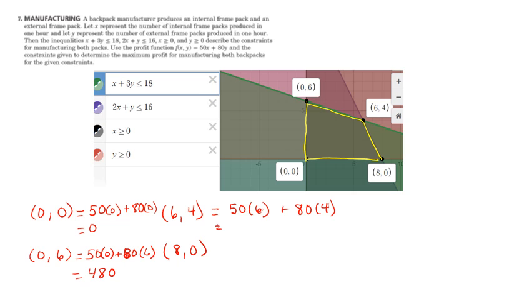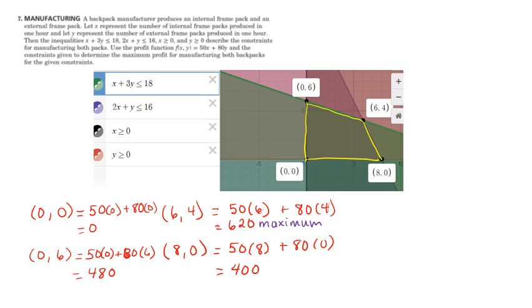So 50 times 6 is 300. Plus 80 times 4 would be 320. When I add those together, I would make $620 per hour. And then finally 50 times 8 plus 80 times 0, that would be 400 plus 0, which is $400. So to maximize profits, I got to find the maximum value.